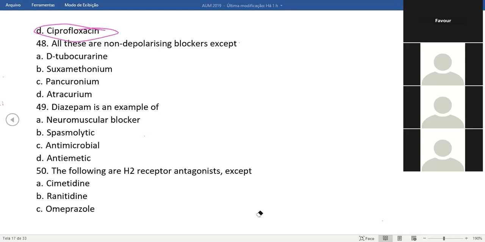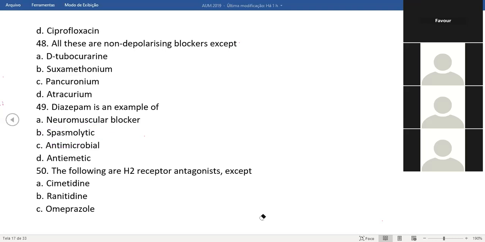That's B, suxamethonium. Diazepam is an example of a muscle relaxant. It is spasmolytic. I told you that it can also relax the muscle.